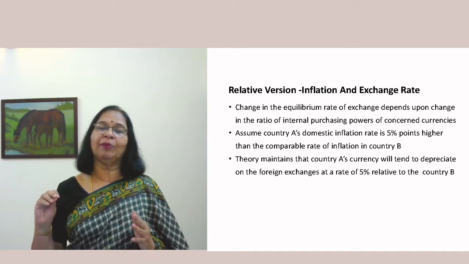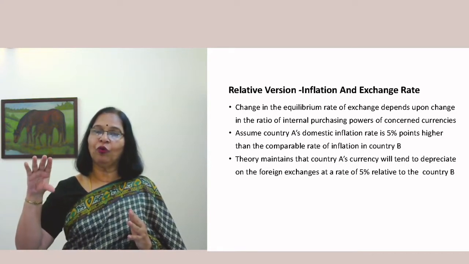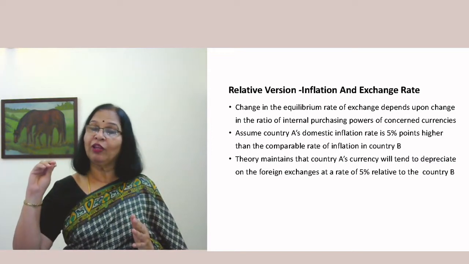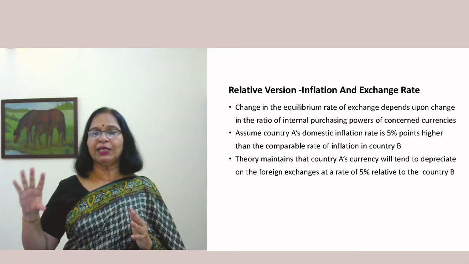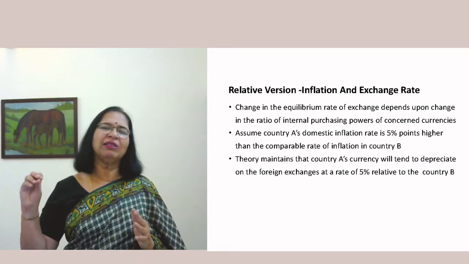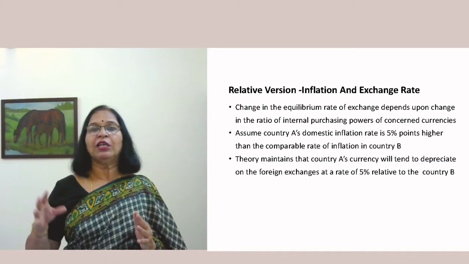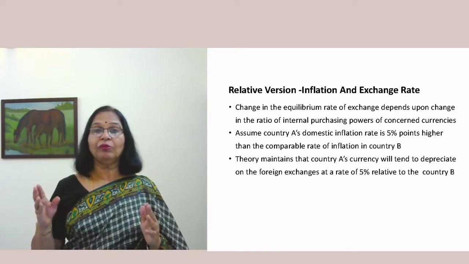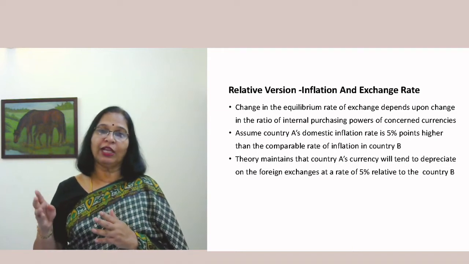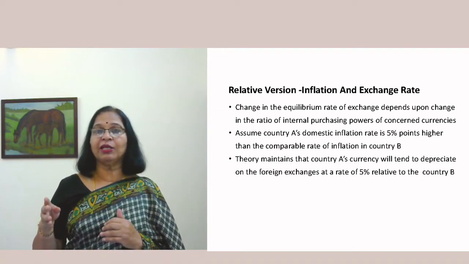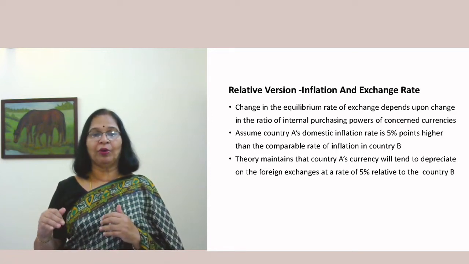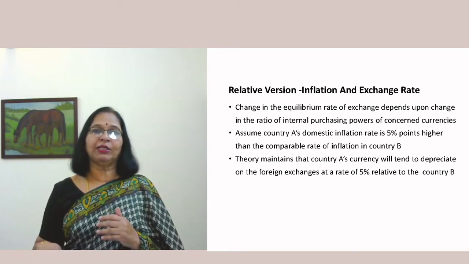The price level in the market has increased, and therefore the goods that were available for 70 rupees are now available only for 75 rupees. There is an increase in the price level by, let's give a number, 5 percentage points. Now, because the price of goods in India has increased, it means the purchasing power of the currency has fallen. The currency has fallen in the domestic economy.